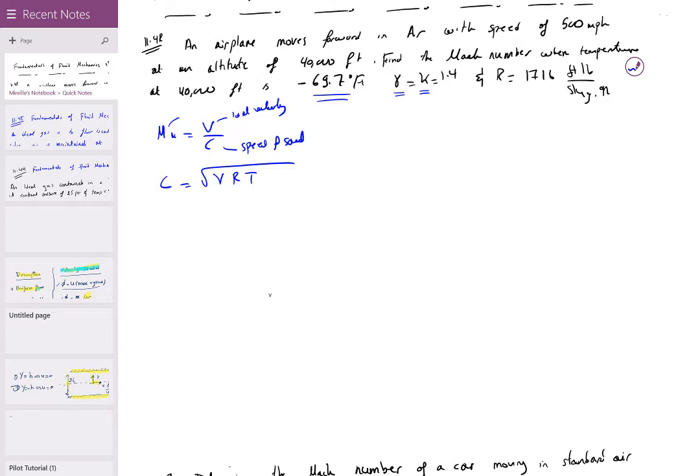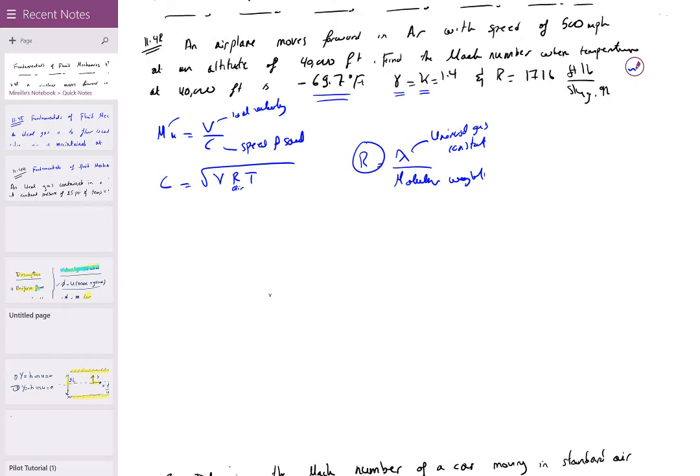Gamma is not the universal ideal gas constant that we know. This is specific for the type of gas that will be mentioned to you. In this case, it's for air. So this R is lambda over M, the universal gas constant over the molecular weight, and it is specific to the type of fluid we're using in the problem.